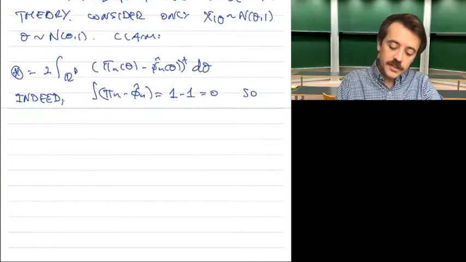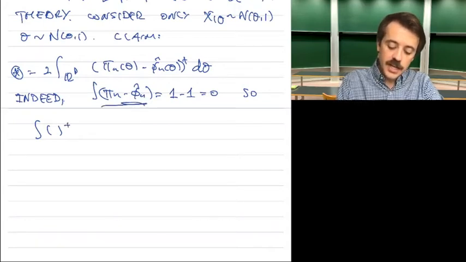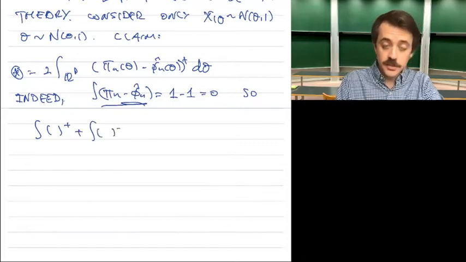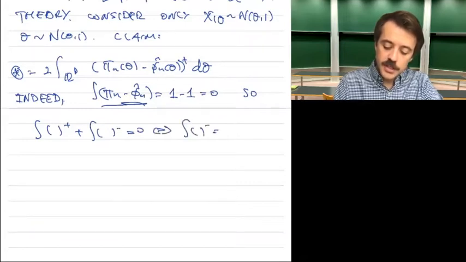So the left-hand side is just the sum of the positive part and the negative part, which is equivalent to saying that the negative part is minus the positive part.